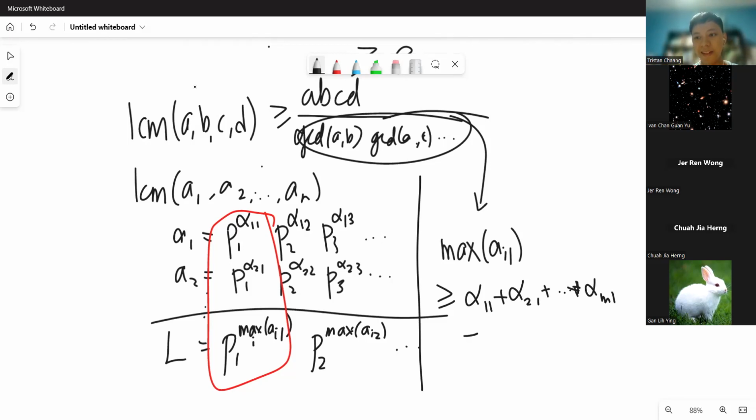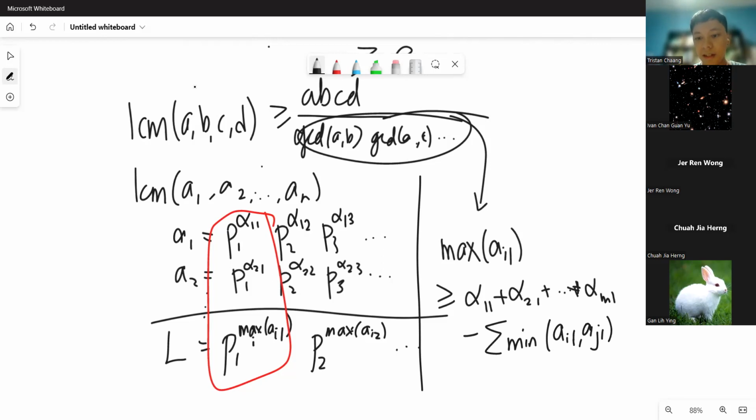So how many pairwise GCDs are there? What happens when you take a pairwise GCD? You get the minimum, right? Like AI1, AJ1. In fact, this is easy.